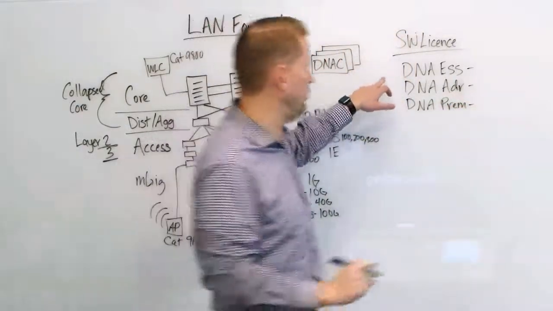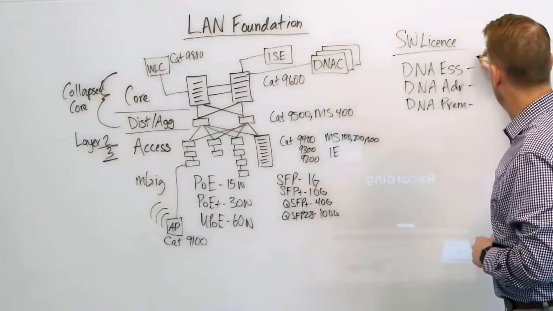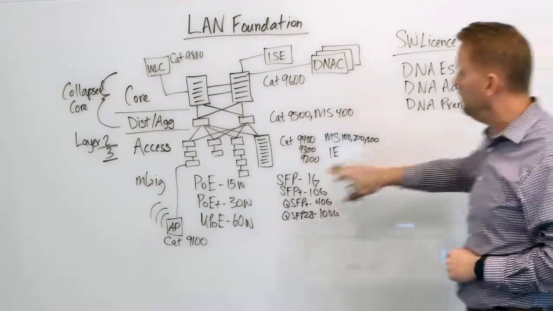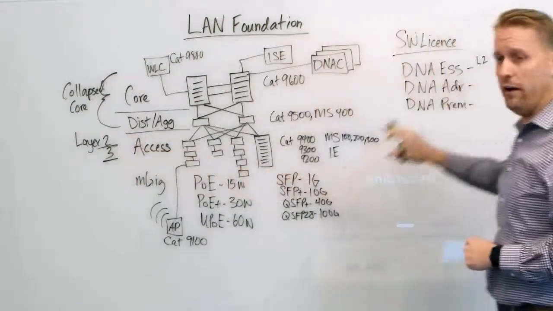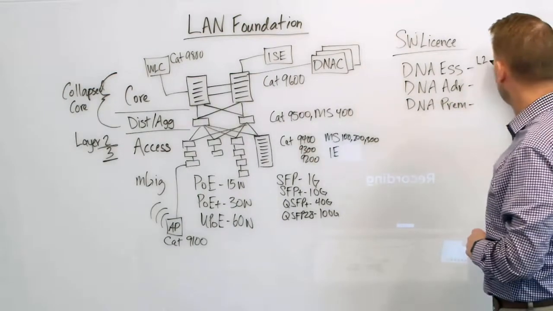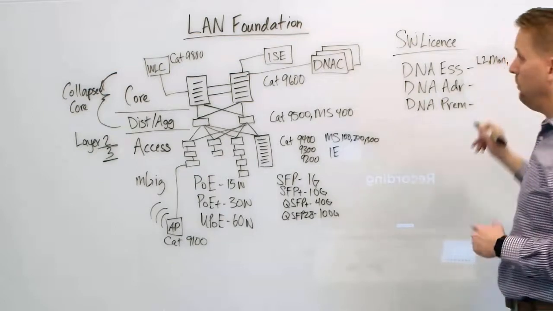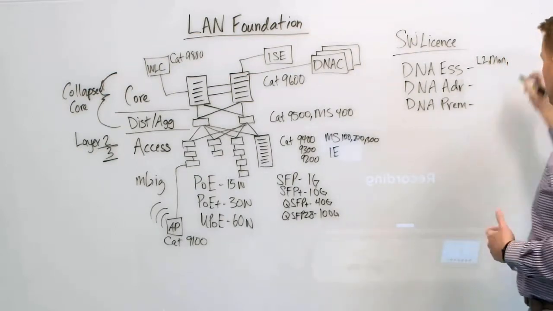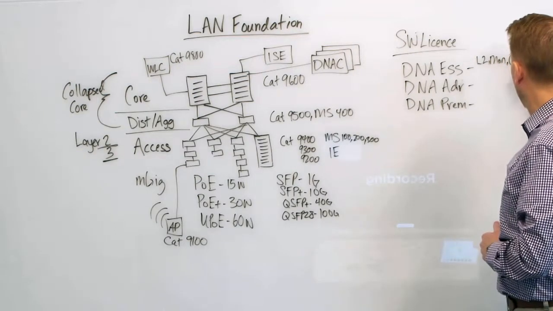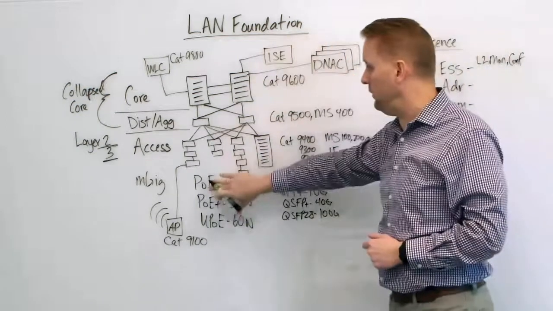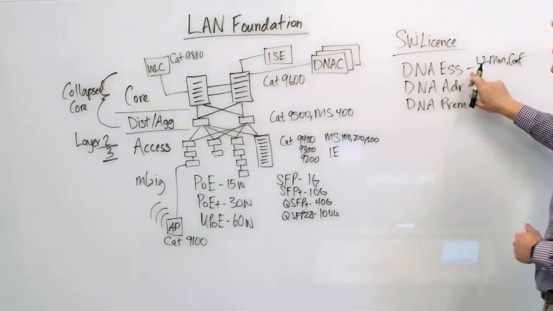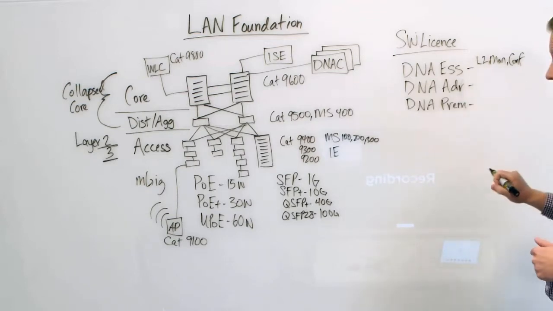So DNA Essentials will provide basic functionality like Layer 2 functionality for whatever device has this license. We get monitoring, just basic monitoring and configuration. So we can push out configuration to these devices through the DNA Center controller that only have DNA Essentials licenses.